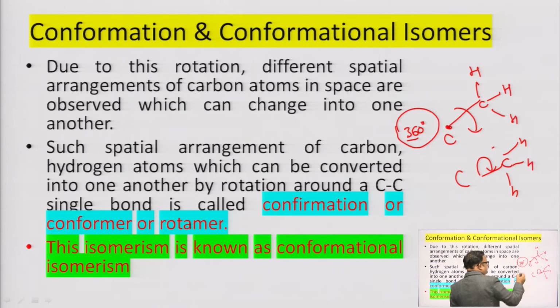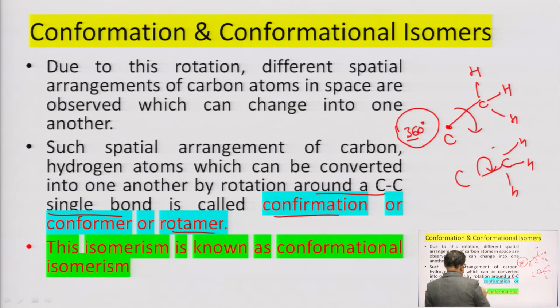During the completion of this circle, infinite numbers of rotations are possible, and infinite spatial arrangements are also possible. If we are able to convert these arrangements into one another just by rotation around this C-C single bond, this is called conformation, conformer or rotamers.